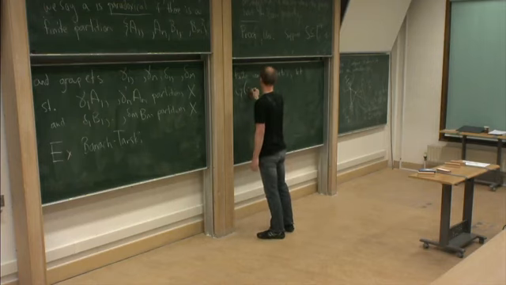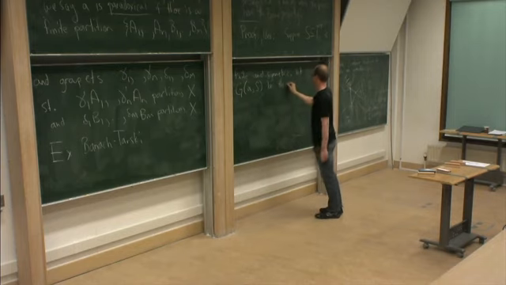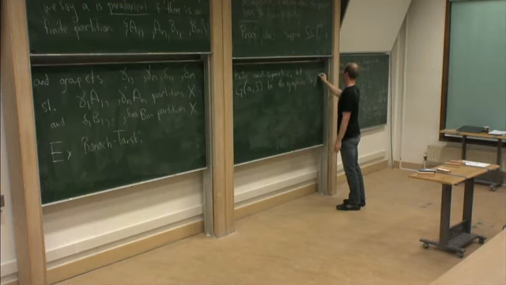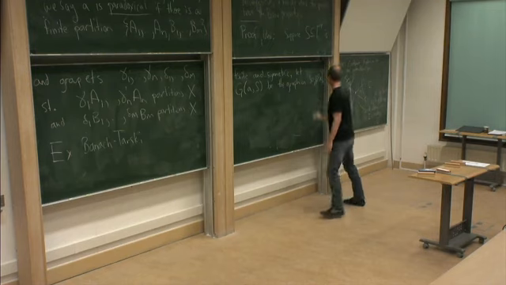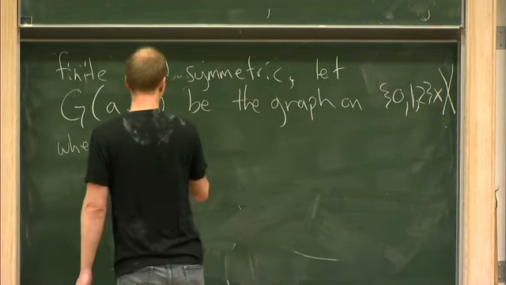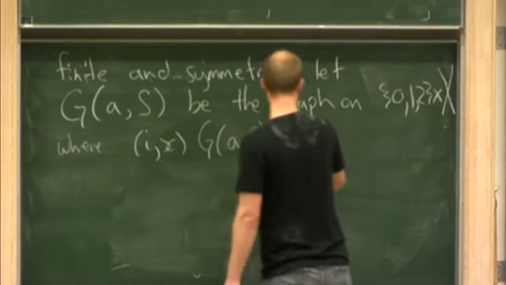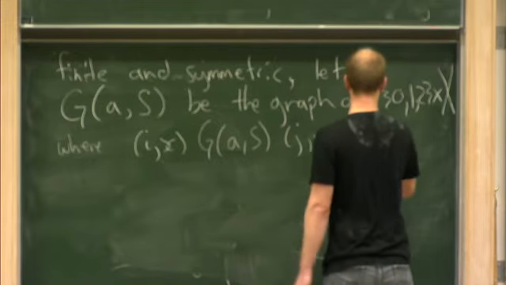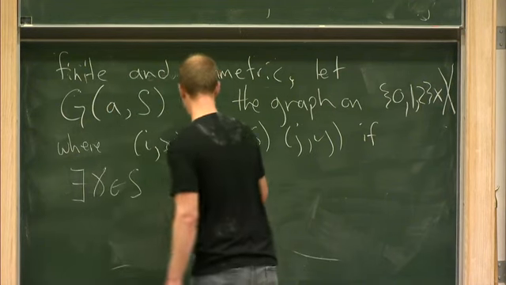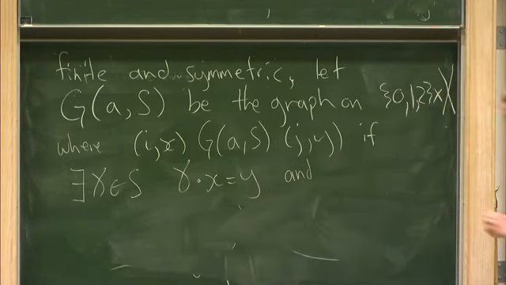Let the graph determined by the action, that finite set, be the graph on 3 copies of X, where (i, x) is adjacent in the graph to (j, y) if there is a group element in the set so that gamma dot x equals y and exactly one of i and j is 0.